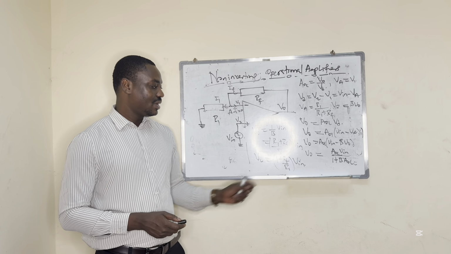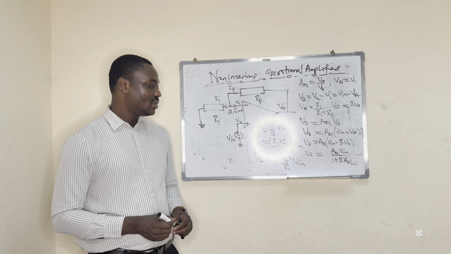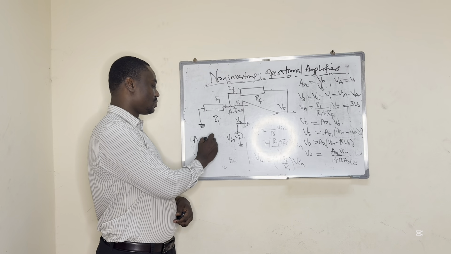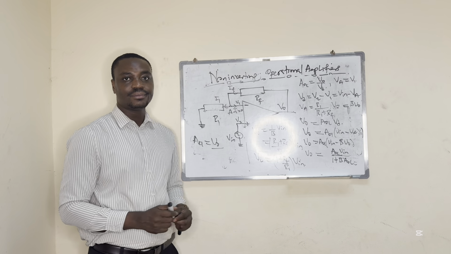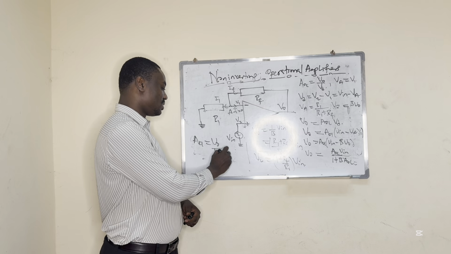We can equally get the closed loop voltage gain, which is equal to the output voltage over the input voltage.